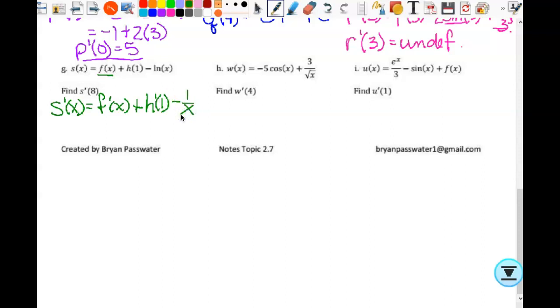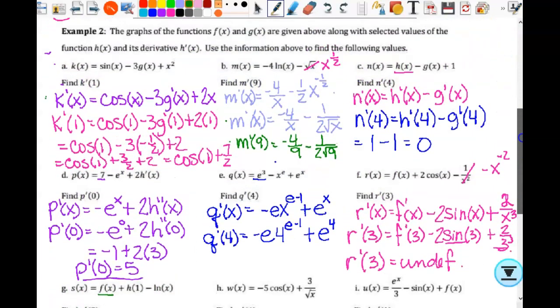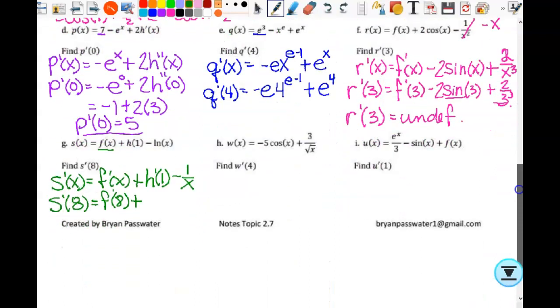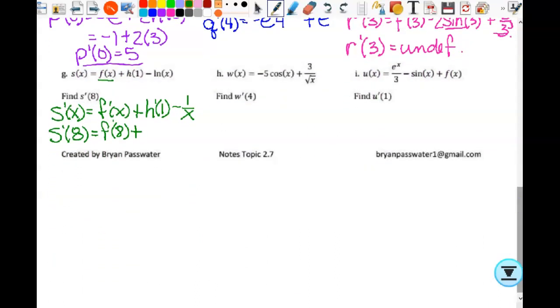Okay? Then I want s prime of 8. That's equal to f prime of 8 plus, we can go ahead and, what is h prime of 1? 4, okay. It is 4 minus 1 over 8.